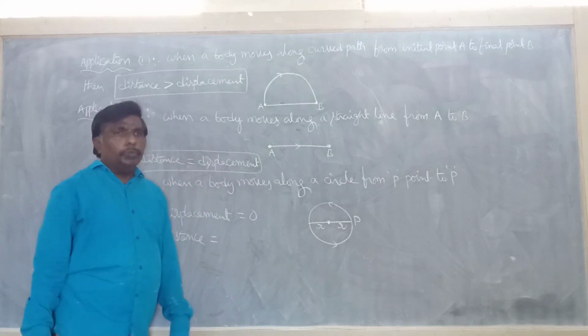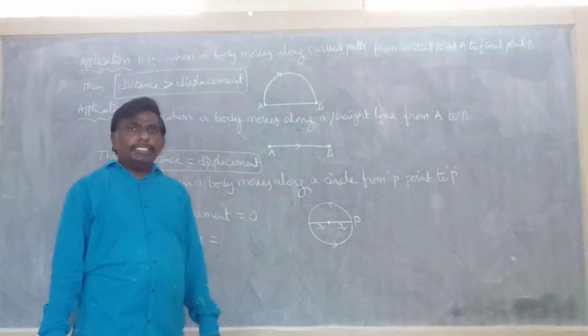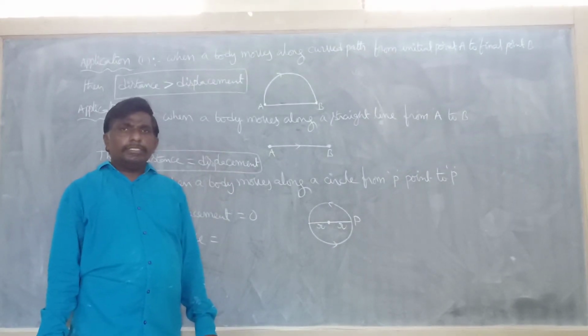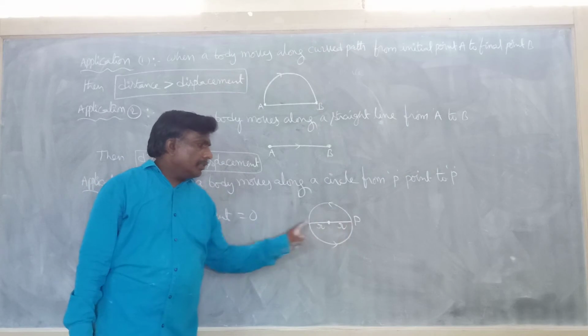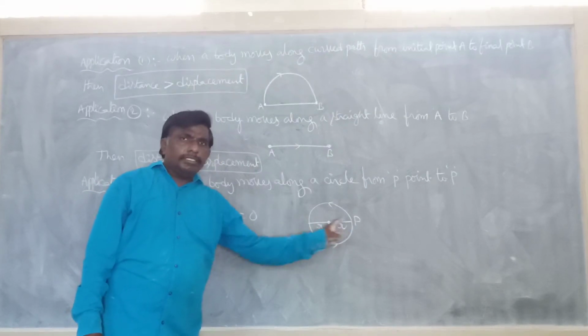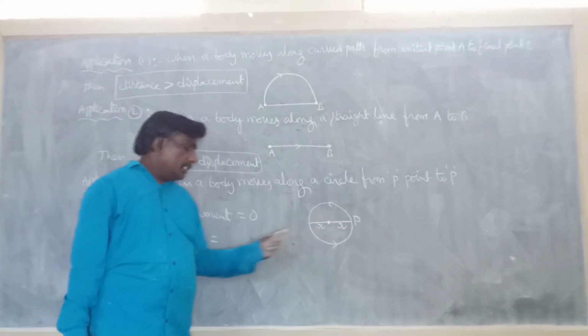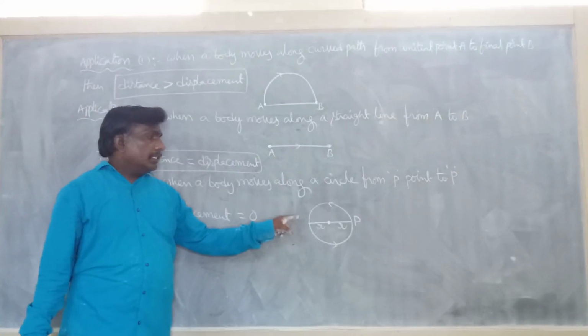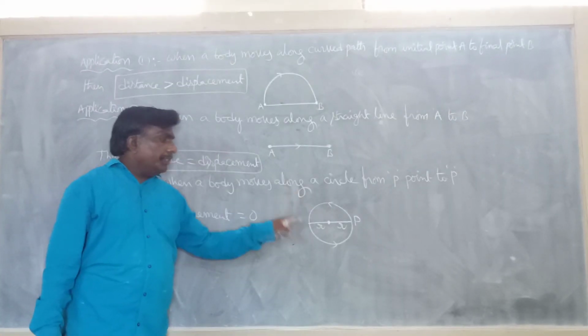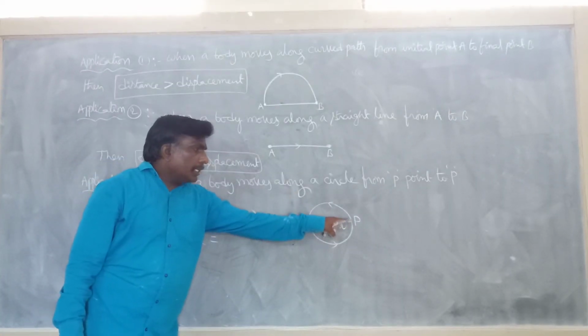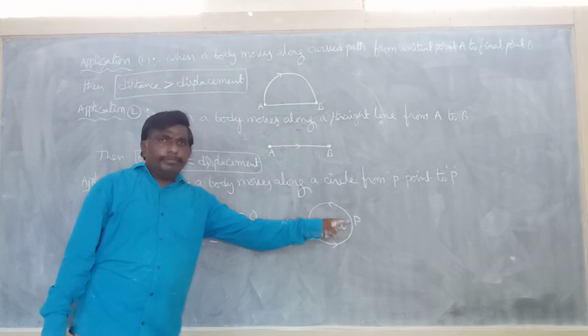Distance is equal to the circumference of this circle.